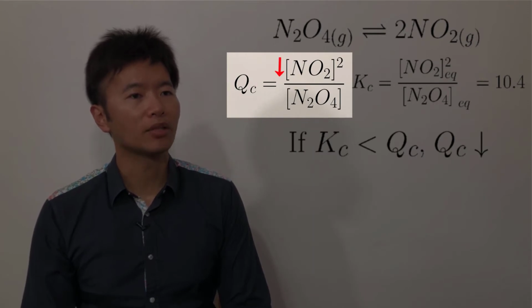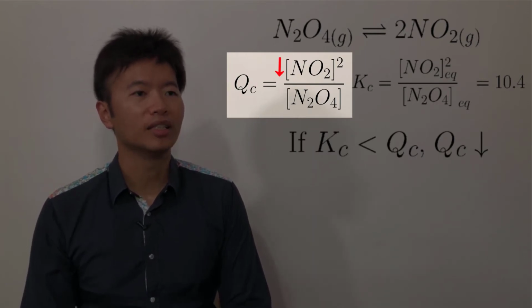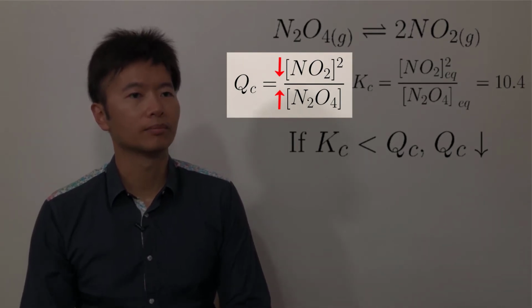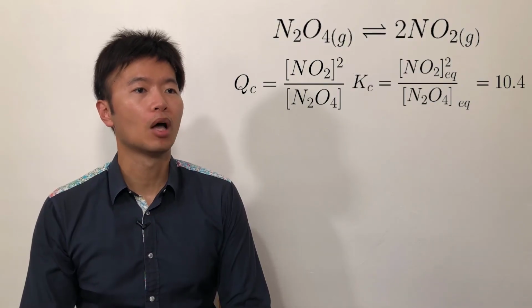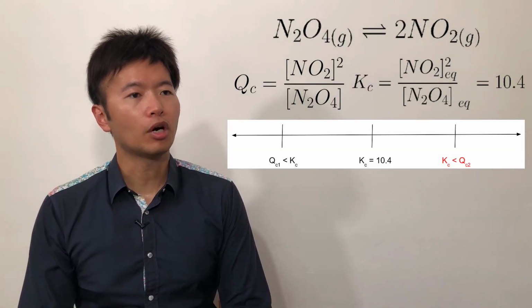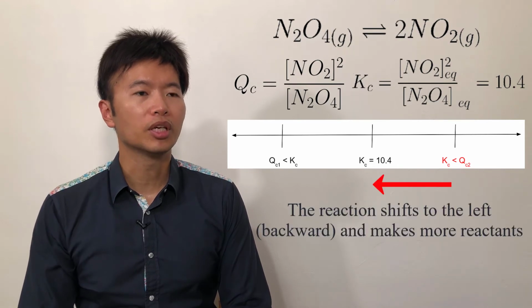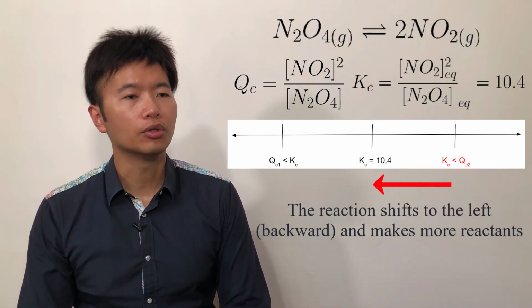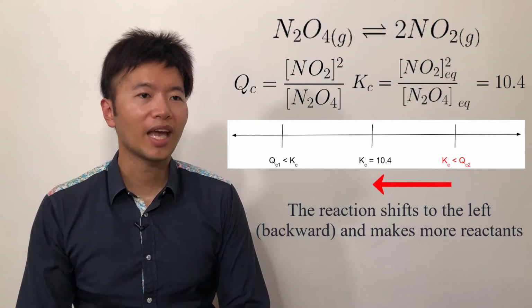Therefore, the amount of nitrogen dioxide needs to decrease and the amount of dinitrogen tetroxide needs to increase. And when that happens, we will see that the value of Q will reduce and it will continue until the value of Q equals the value of K.